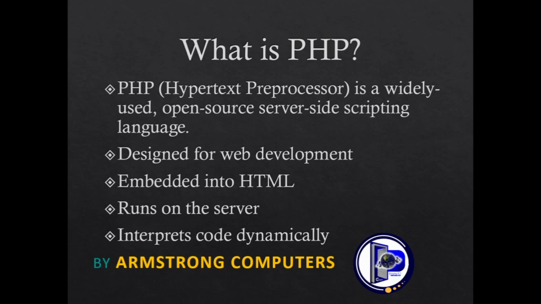You cannot just double click on a PHP file and have it open, as compared to double clicking on an HTML file, which opens automatically. It doesn't work like that in PHP, which we are going to demonstrate so we can better understand. That is why we say it's run on servers.